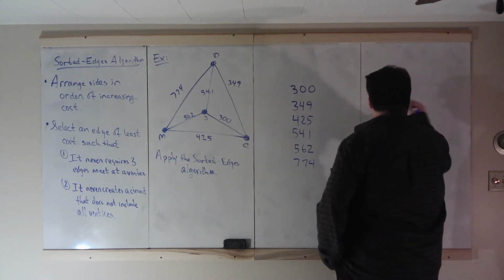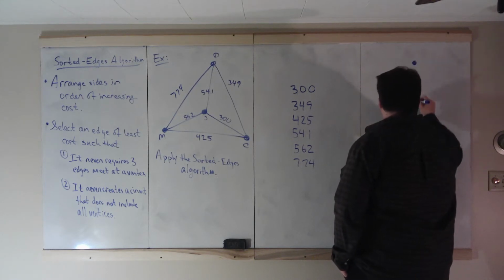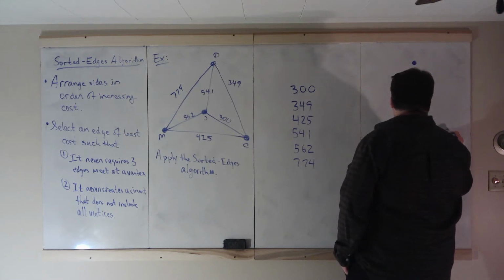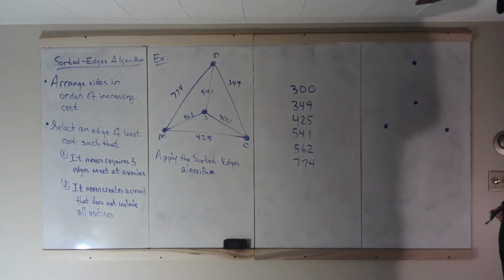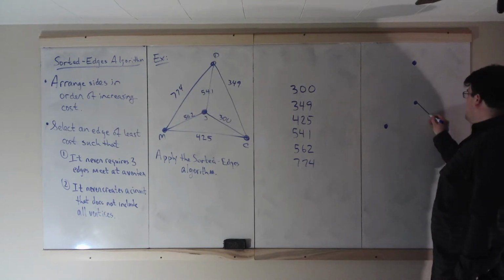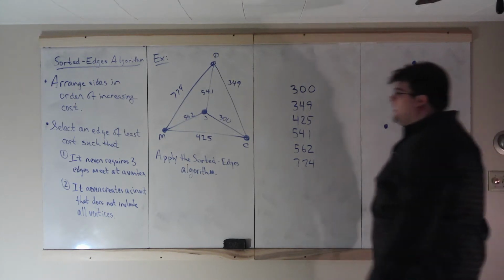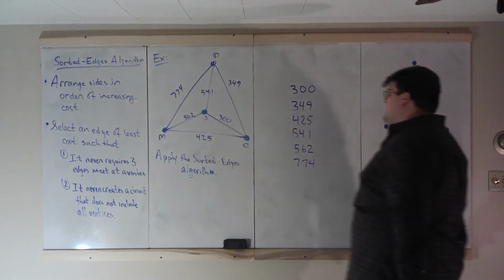So what I'm going to do to add these edges is just draw this graph like that and add the edges as we can. Starting at 300, if we add the edge that costs 300, does that violate one of these 2? Well, no. We'll see what happens when those 2 are violated as we go.